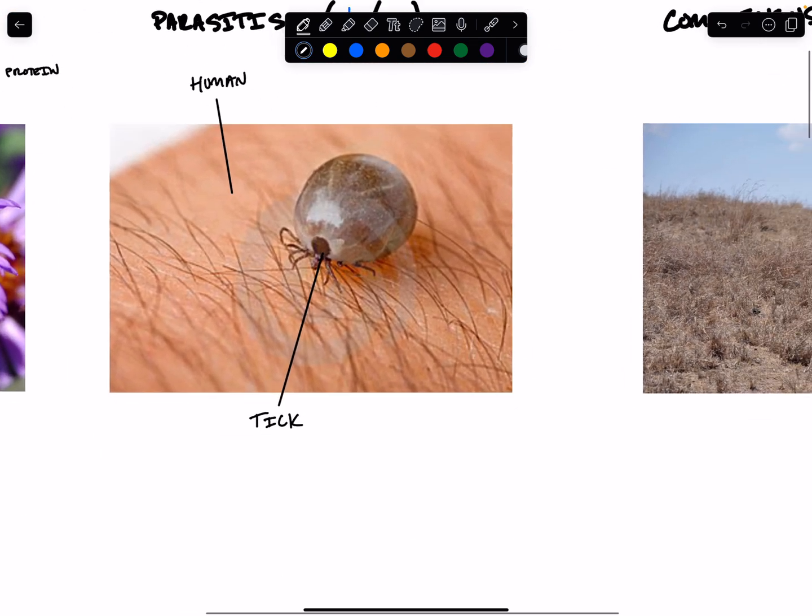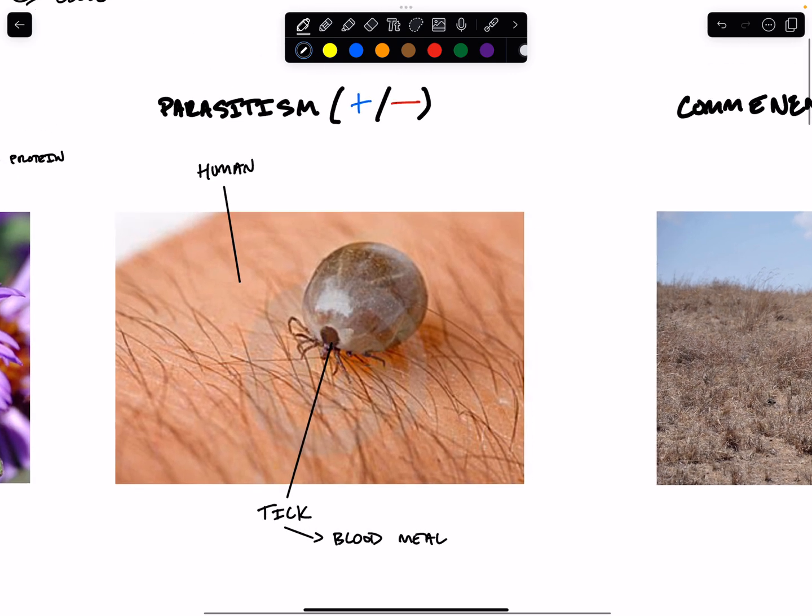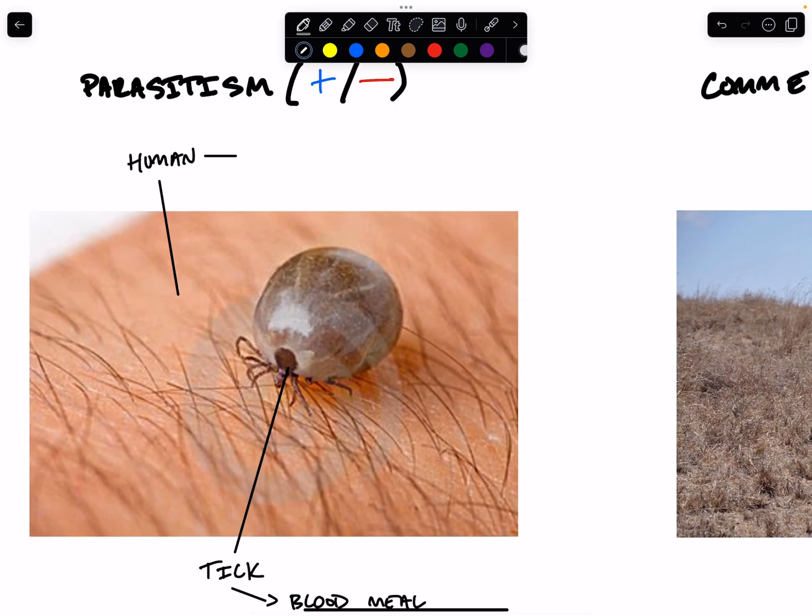So, what is the tick getting out of this relationship? Well, it's getting a meal, blood. What is the human losing from this relationship? Well, the human is losing a little blood, a tiny loss of blood.